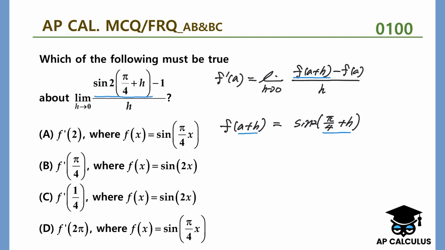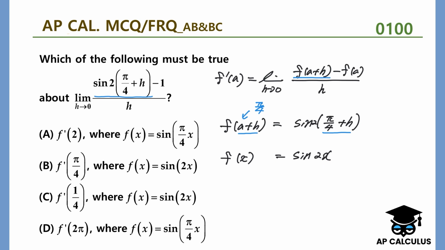This means a has to be pi over 4, right? So f of x is then equal to sine 2x. Instead of pi over 4 plus h here, I have x. Does that make sense? So the function is equal to sine 2x.